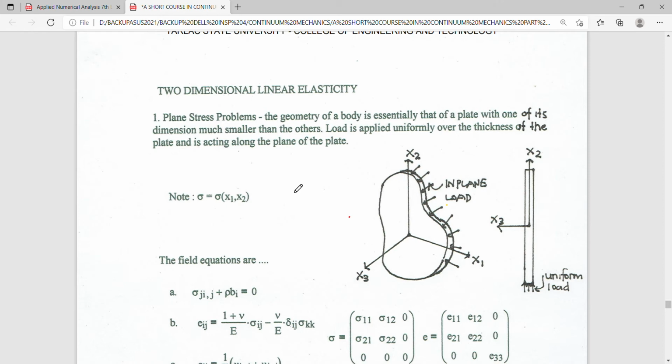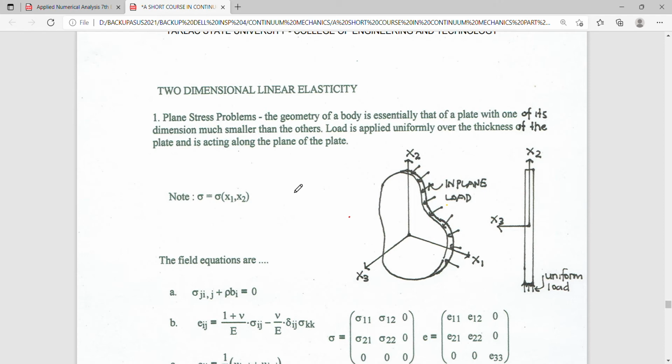Wherein one of its dimension is very small compared to the other dimension. So the thickness, to be much clearer, is actually small compared to the dimensions defined on the geometry of the body itself.